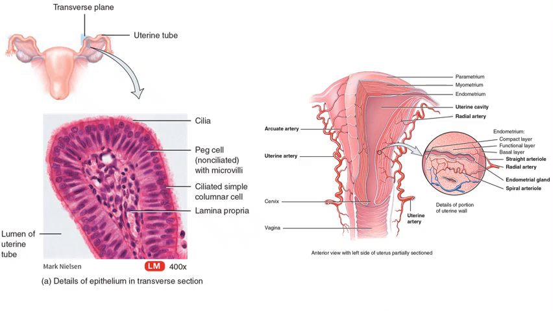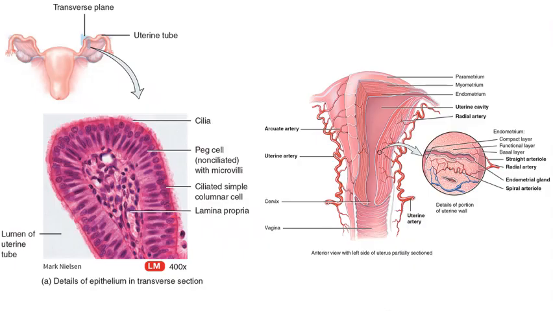It's composed of areolar connective tissue and portions of simple tubular uterine glands, all of which develop as invaginations of the epithelium and extend through the other layers of the endometrium, almost to the myometrium.